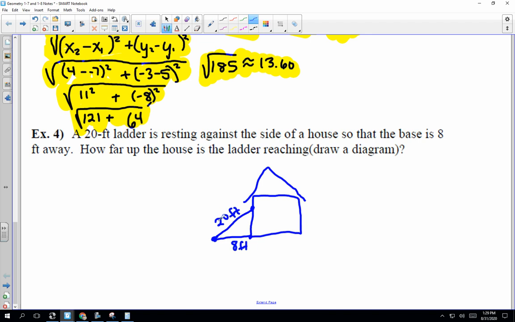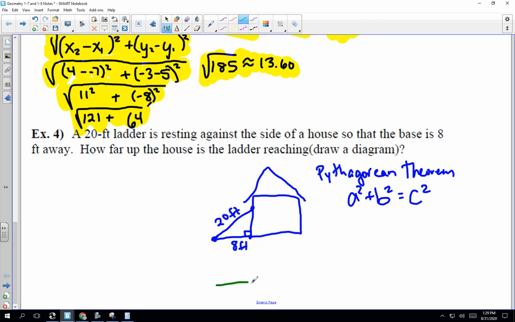All right, to solve this, we're going to engage in a little Pythagorean theorem, which is a squared plus b squared equals c squared. So I have a little triangle situation happening here. If you redraw it without the house, this is 20 feet, this is a right angle, and this is 8 feet.